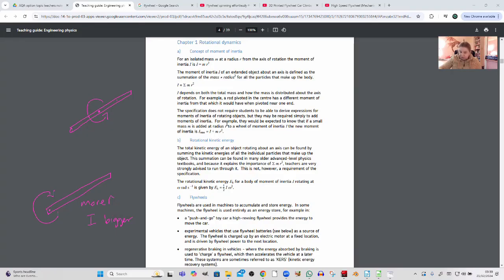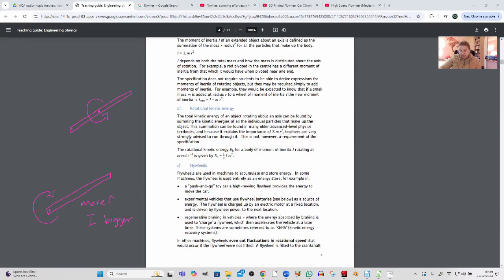So they have to give them to you, but you may be required simply to add moments of inertia. For example, you would be expected to know that if a small mass is added at a radius r to a wheel of moment of inertia I, the new moment is I plus mr squared. So it's just a smaller mass added, and you just add them. So that is the moment of inertia.